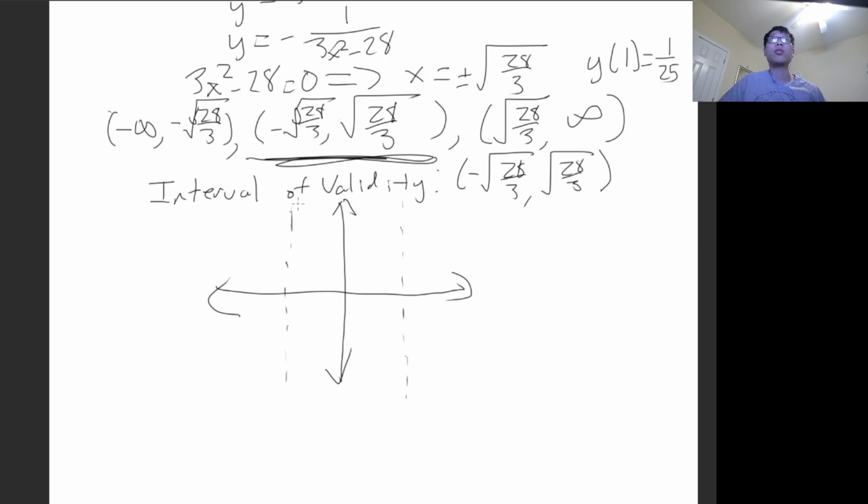That's our asymptotes, and the graph looks something like this. Right, so we see that the initial value of (1, 1/25) lies inside of this.